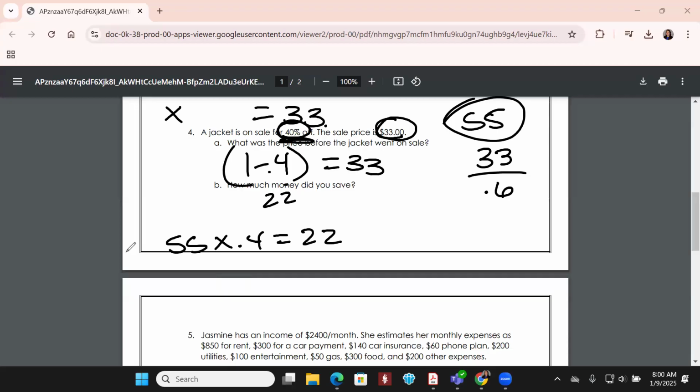Okay, let's say I tell you the original price was $55. 40% off, right? Then you would get 22. That's how much you saved. Now the new price would be $33. Now here's the thing. They gave you in the problem the sale price. So you're working your way backwards. Yes, Cairo?